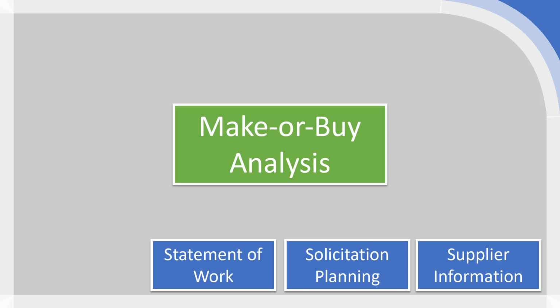So in this case, the make or buy analysis is not just predicated on, well, do we already make this or can we make this, but rather can we produce this internally within our cost specification and our quality requirements.